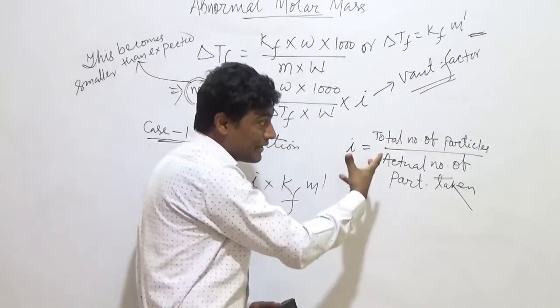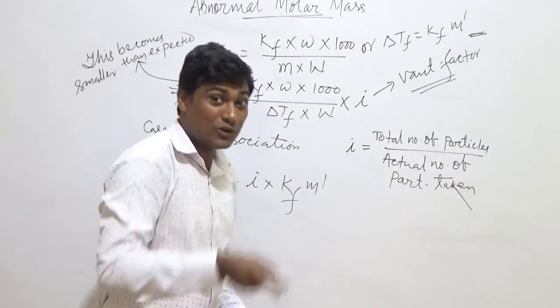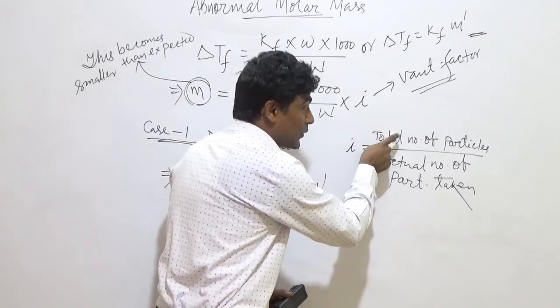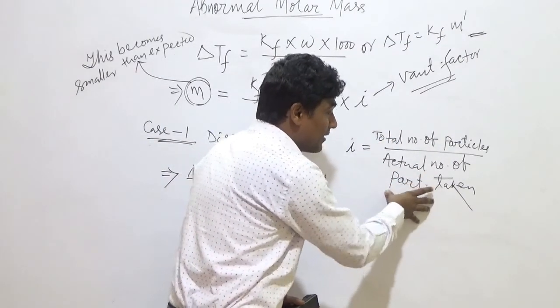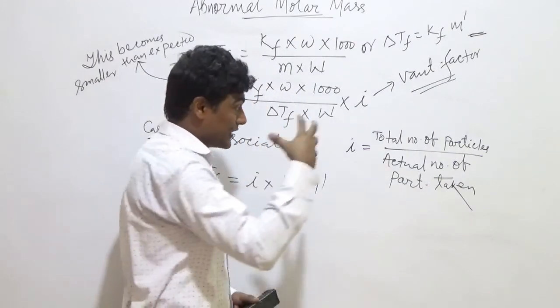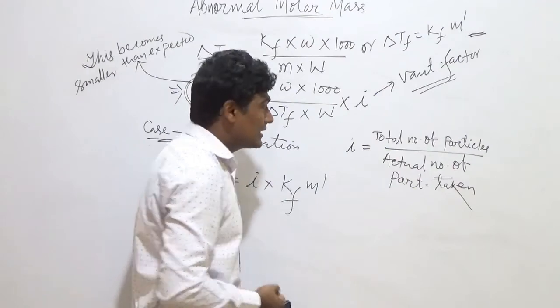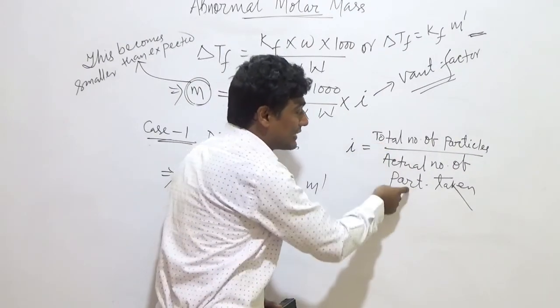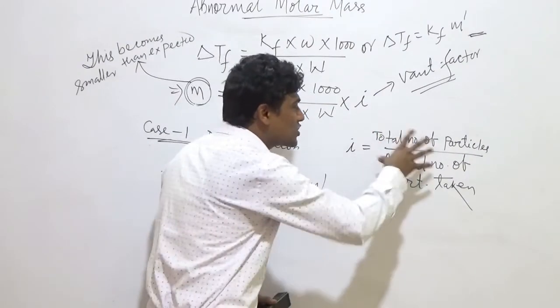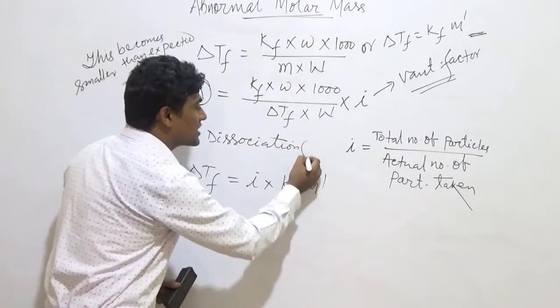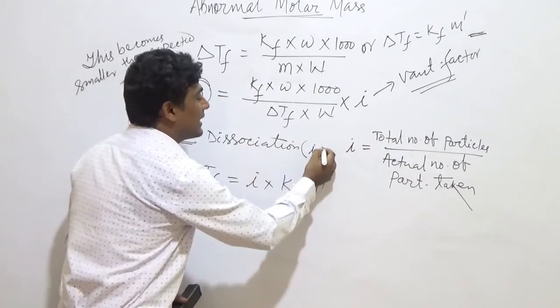This is quite different from the previous case. That was less; this is greater. Here, since more particles are formed, the numerator is greater than the denominator. So in case of dissociation, i is greater than 1.